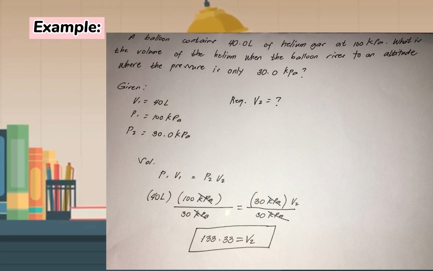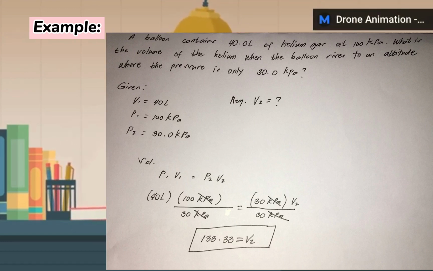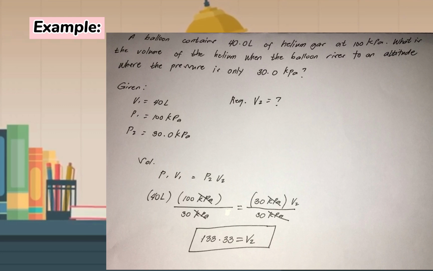So cancel 30 kPa on one side, and on the other side we cancel the units only. So the remaining will be 40 liters times 100 over 30 equals volume 2. So 40 liters times 100 divided by 30, the answer will be 133.33 liters. That will be our volume 2, and this will be our answer.